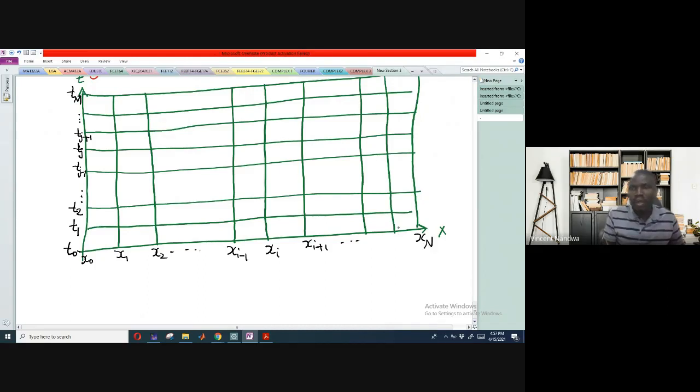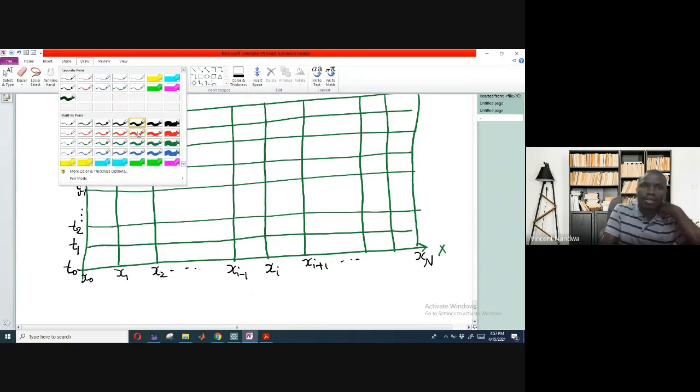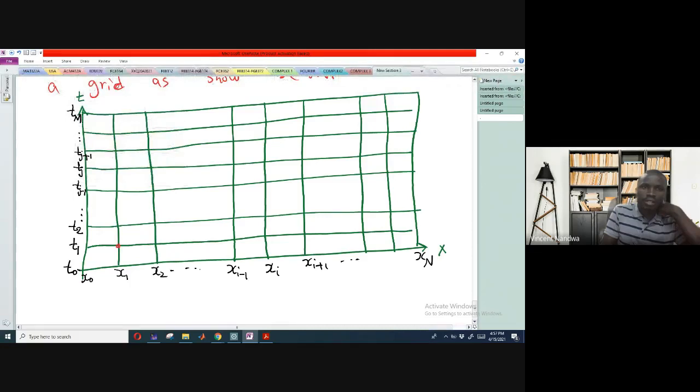So this will be xn minus 1 etc. So in this diagram, you see that we have the intersections, these nodes. The objective of the whole process is to find the values of the displacement at these given nodes.